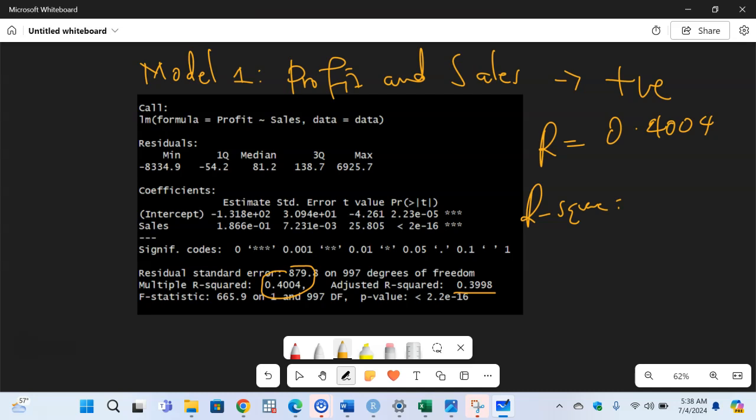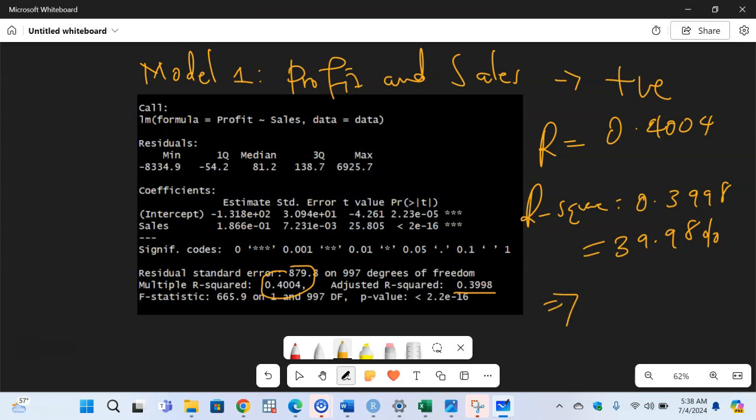you'll say that you multiply this. It's 0.3998. This can be the same as 39.98%.